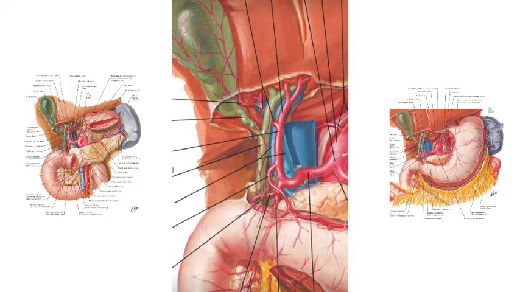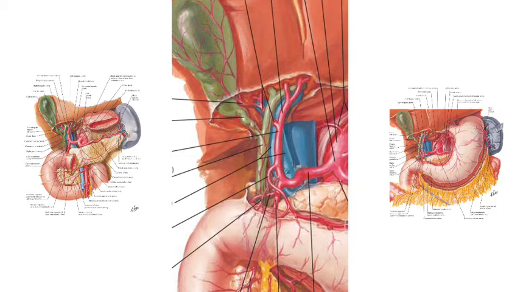Let's see the relations. On the left side, if you trace from the superior aspect, you have the left hepatic artery and proper hepatic artery. This is the left relation of the common hepatic duct.